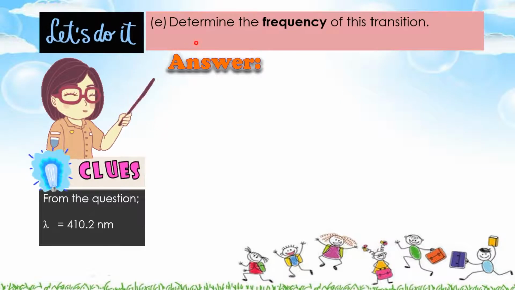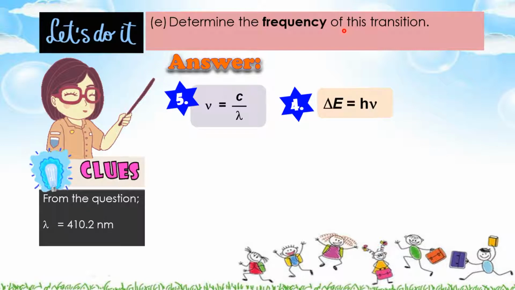For question E, determine the frequency of this transition. There are two formulas that you can use, either formula 5, frequency equals c over wavelength, or formula number 4, delta E equals hv.